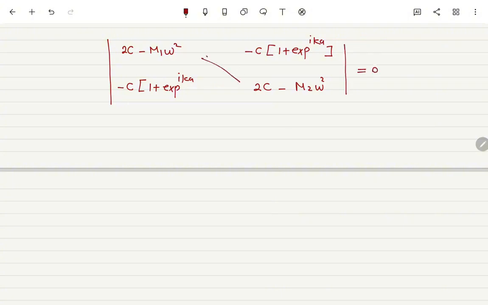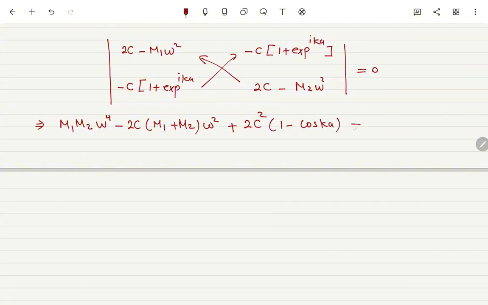Remember, this with this minus this with this, you will find that m1 m2 omega to the power 4 minus 2c(m1 plus m2) omega square plus 2c square (1 minus cosine ka), this whole thing equal to 0.